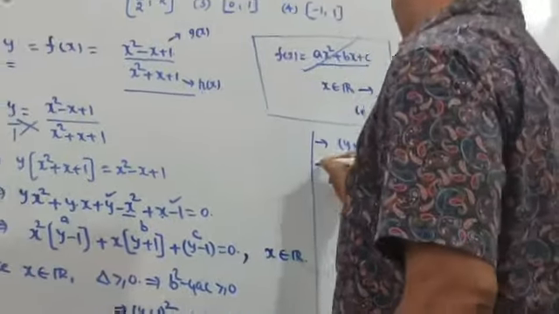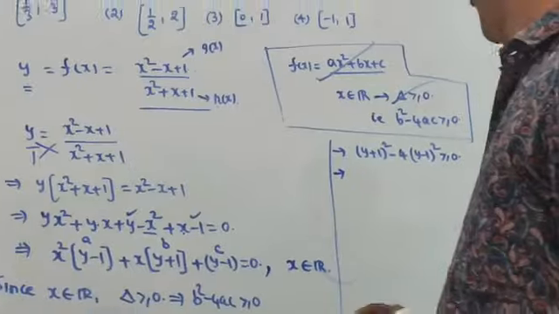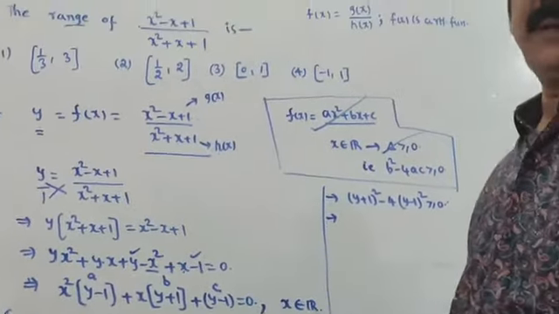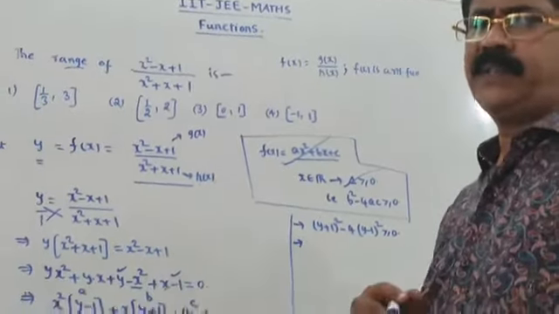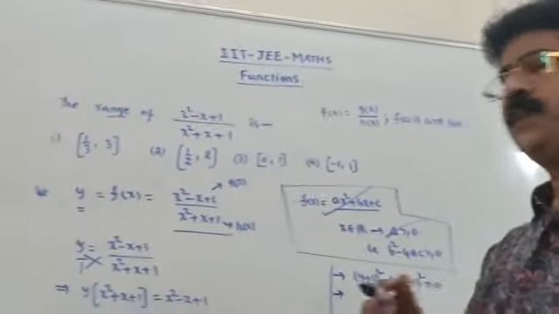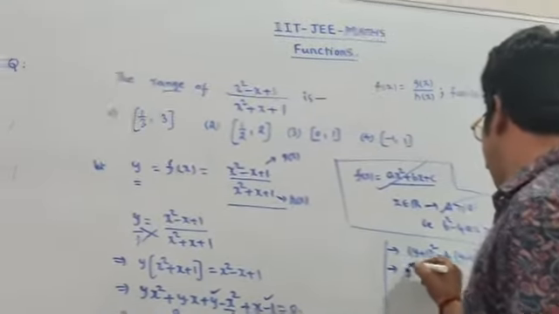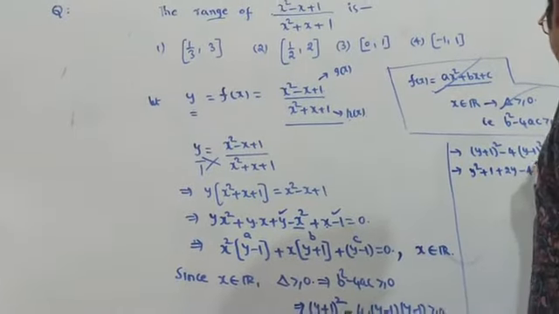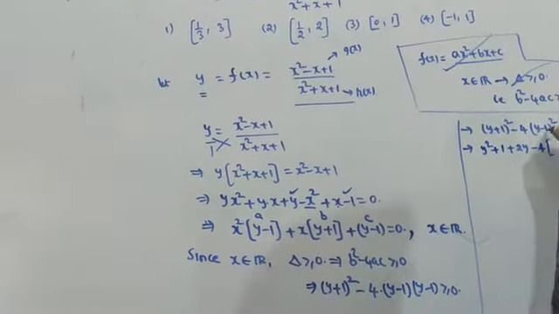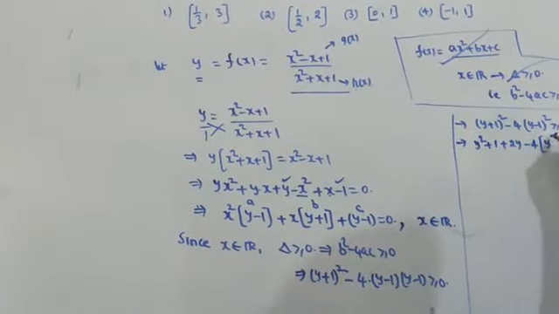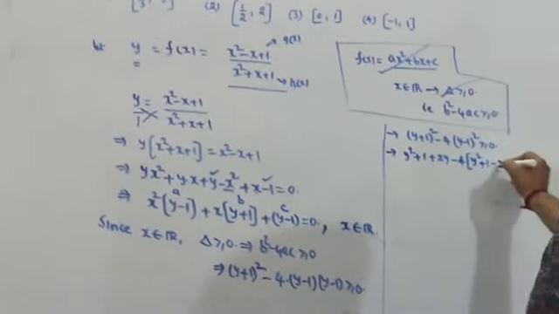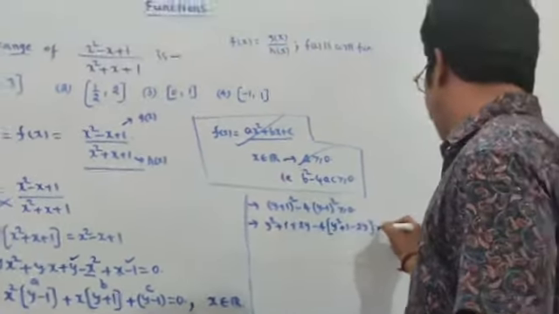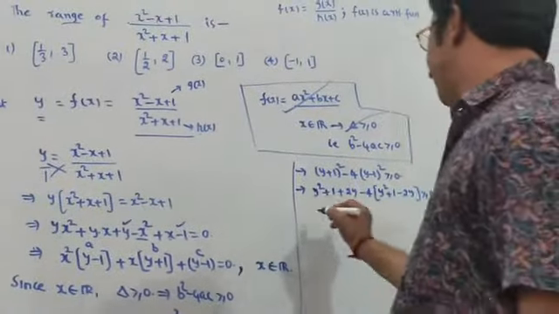On expanding this term by using (a plus b) whole square, which is a square plus b square plus 2ab, it is y square plus 1 plus 2y, minus 4 into (a minus b) whole square, that is y square plus 1 minus 2y, greater than or equal to 0.